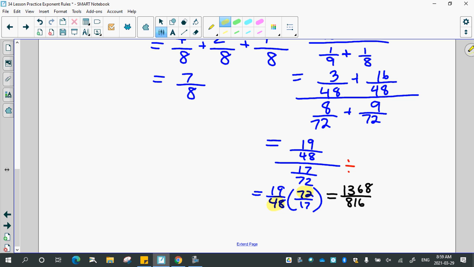So divide the top by 24 and the bottom by 24 should reduce it as much as possible. So 1368 divided by 24, 57. 816 divided by 24, 34. And that's the best we can do.